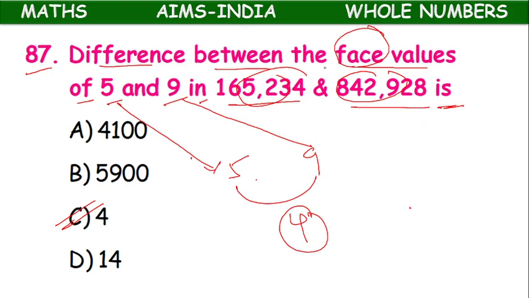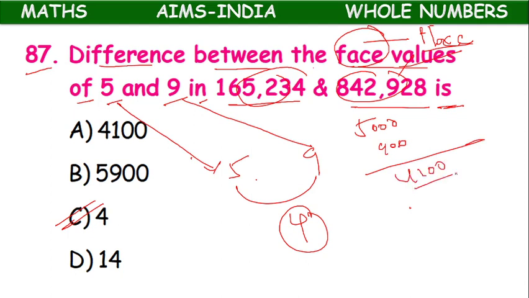If they asked place value, then 5 is in the thousands place, so you have to write 5000. 9 is in the hundreds place, so you write 900. What is the difference? 4100. But they asked face value, so C option is the right answer.